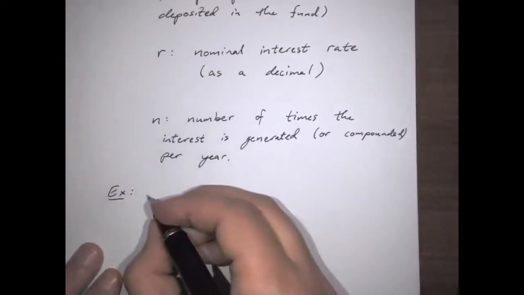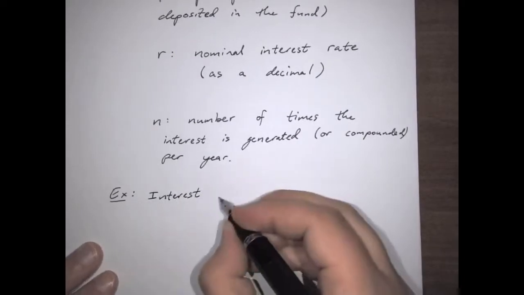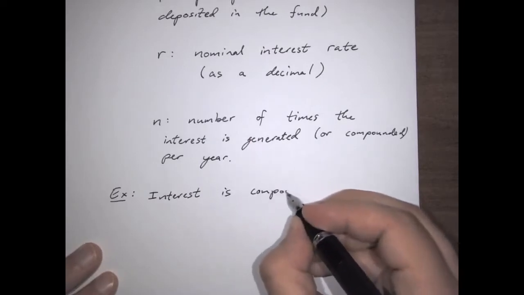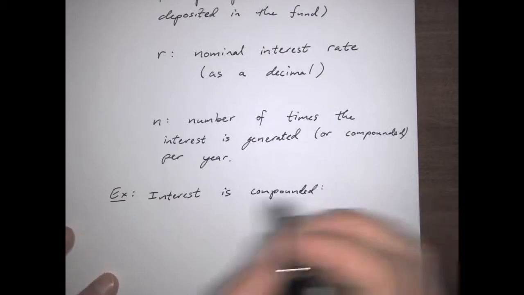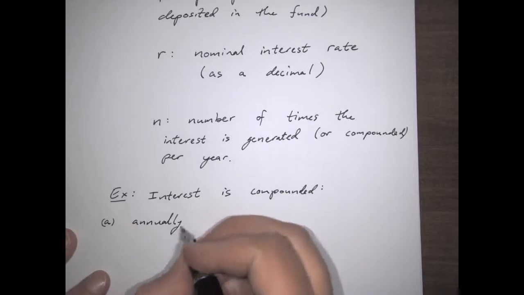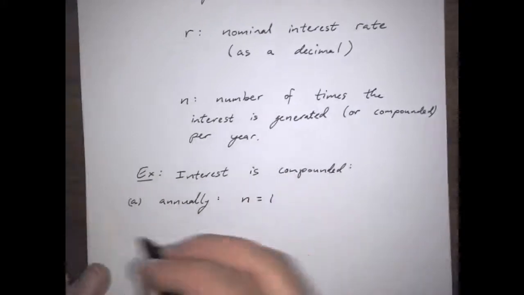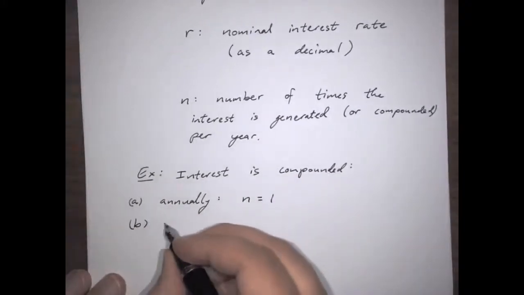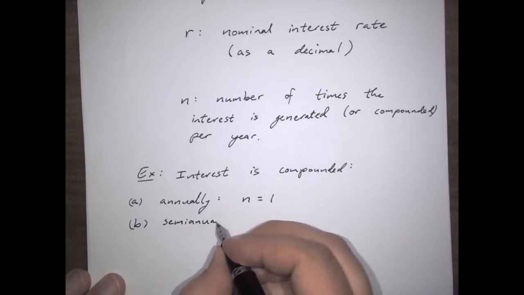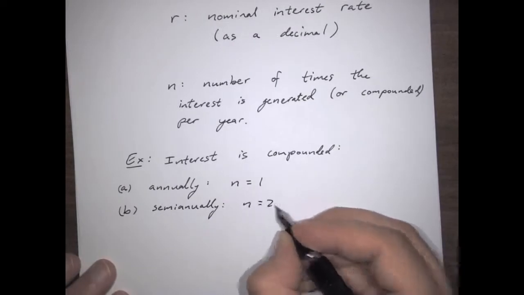So for example, if the interest is compounded, let's say first off annually, that would mean once per year, so N would be 1. Let's say it was semi-annually. That means every half year, so that means N equals 2.